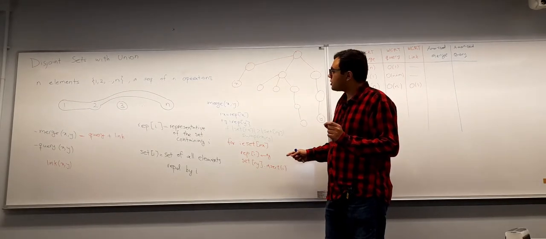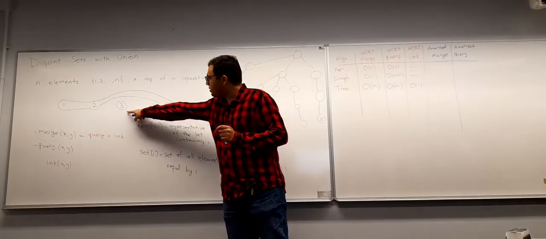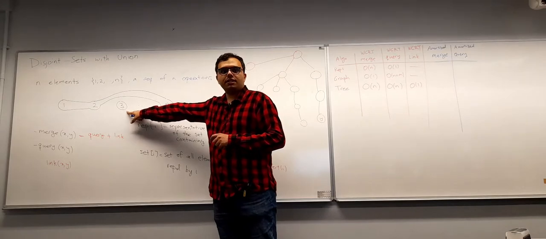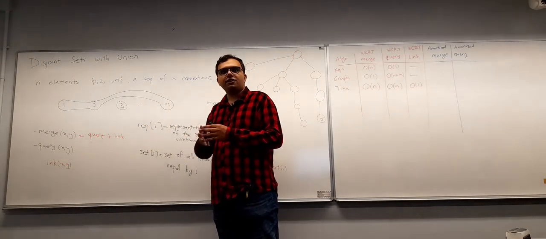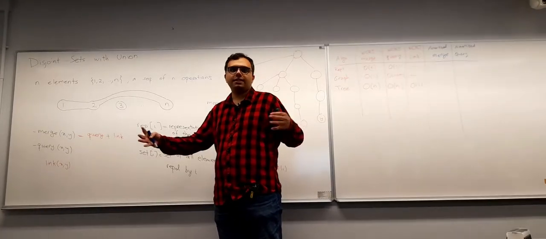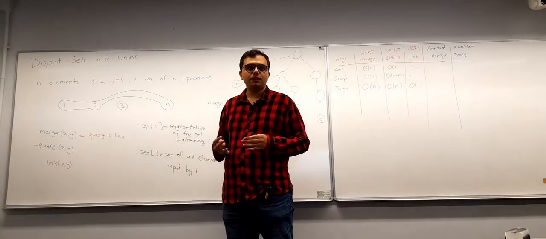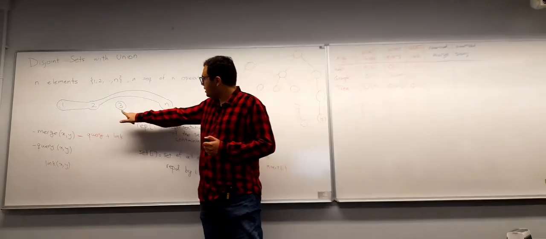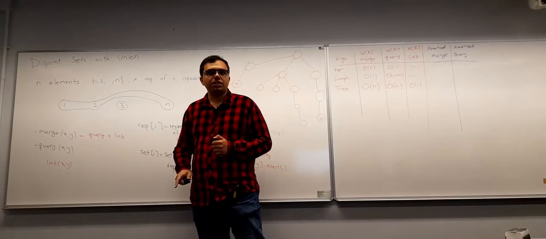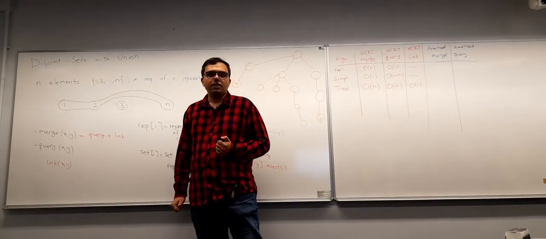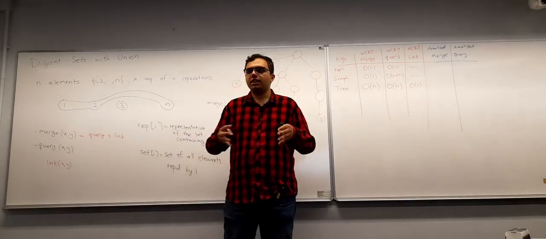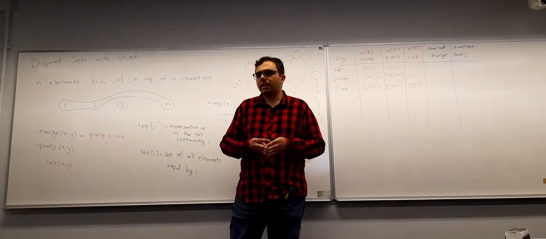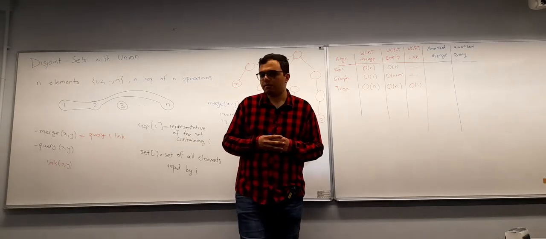So from the point of view of this node, every time that its representative changes, the size of its set gets doubled, at least, maybe even more than doubled. So the number of times that the representative of this particular node can change is at most log n, because the set that contains this node can have at most n elements, and we're doubling each time.